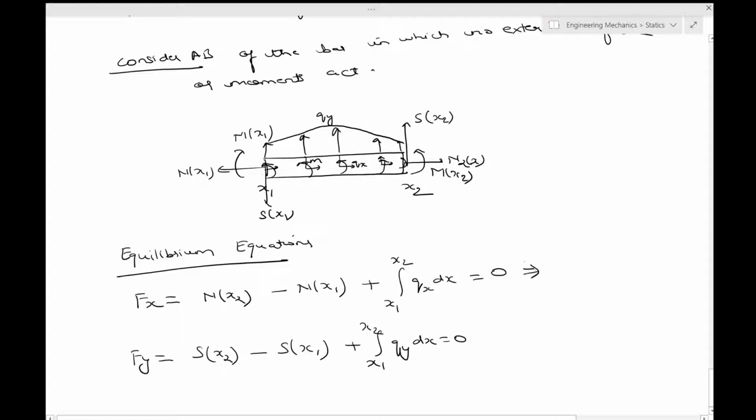Now if you take this first equation, you can write this in the form integral x1 to x2 of dN by dx plus qx dx is equal to 0, and you can also write this one as the integral x1 to x2 of dS by dx plus qy dx.